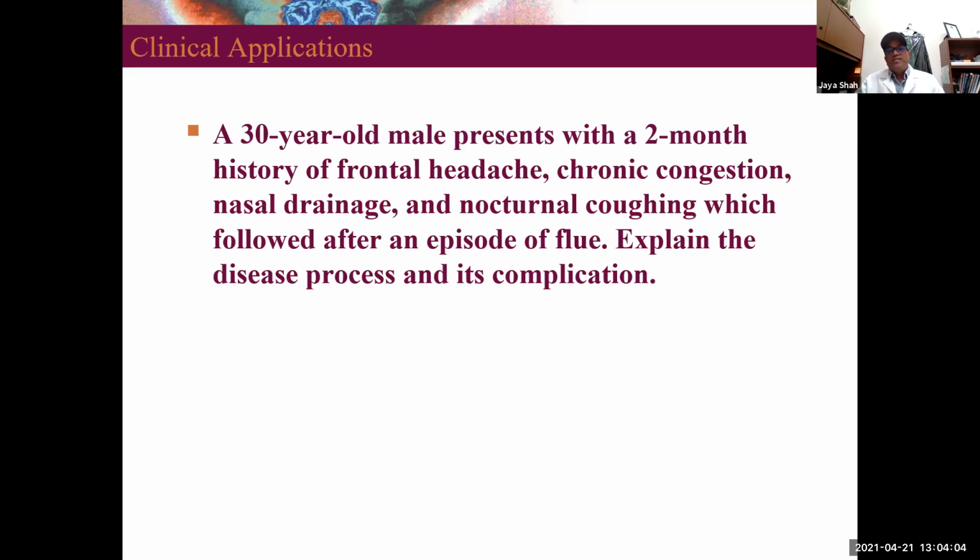And then cough in the nighttime, nocturnal coughing. And this all happens after you had flu. So you see, first there is a viral infection and then another infection follows. Most possibly this is a bacterial infection, and this is the infection in the sinus of the head. So we're going to see what the infection of the sinus is called, that is sinusitis, and how it happens.